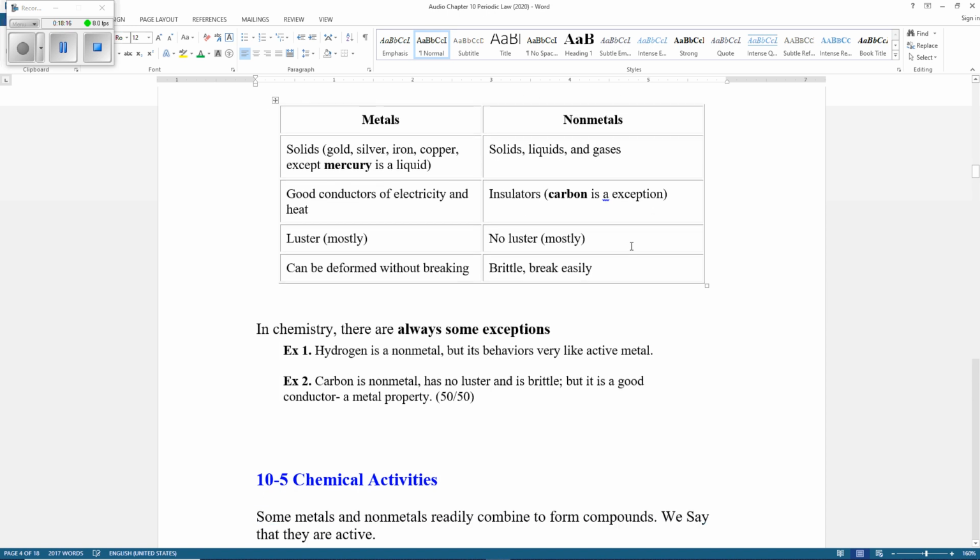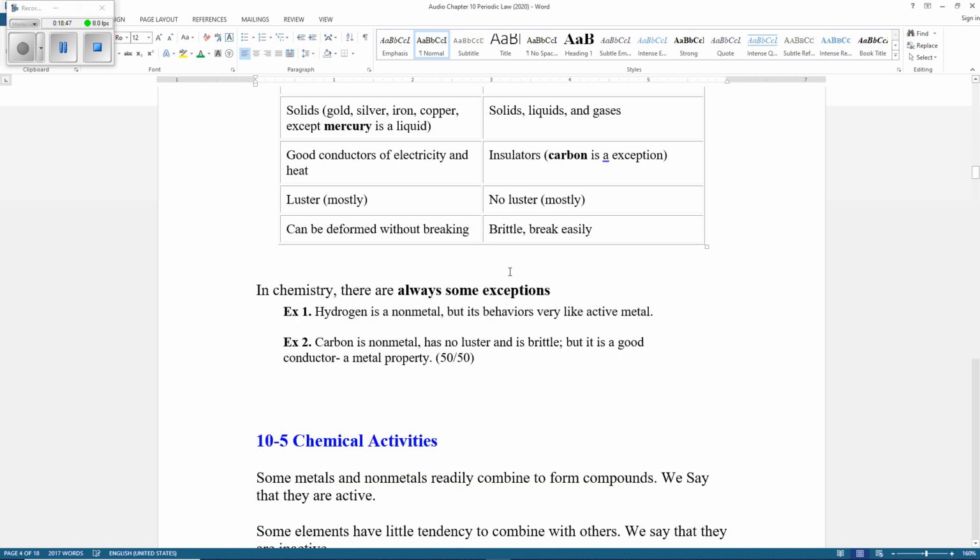Also, metals are shiny and have luster, and non-metals do not. Physically, metals are more flexible. You can make different shapes, and make tools like a knife or a screwdriver, very useful. But non-metals are usually more brittle.